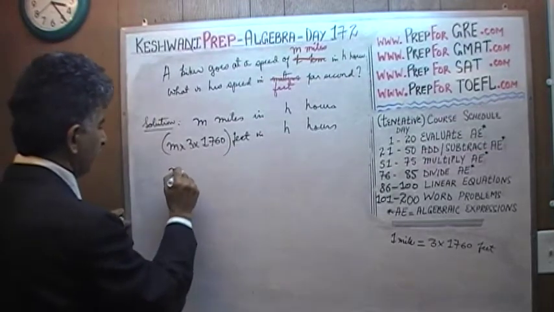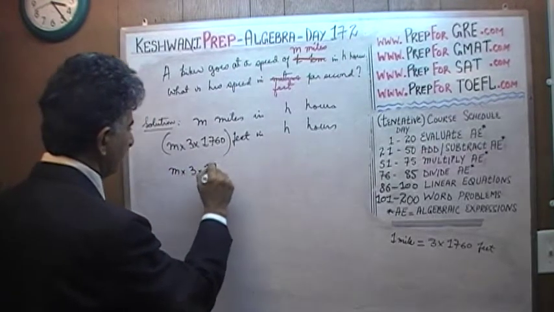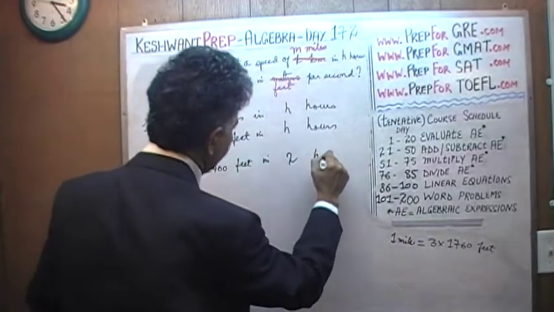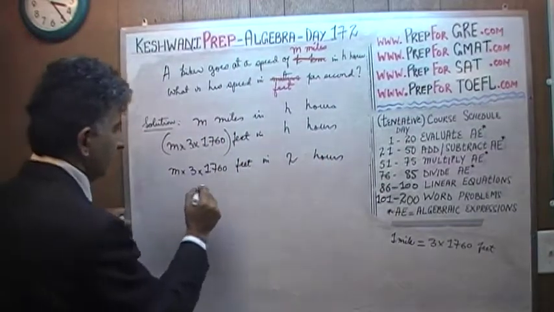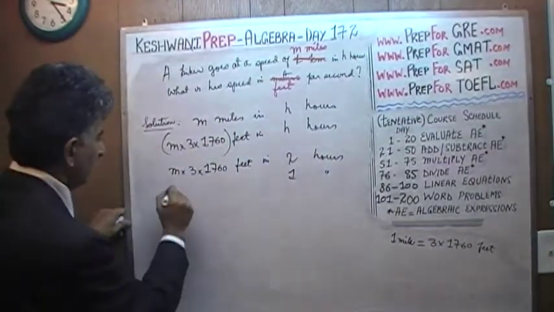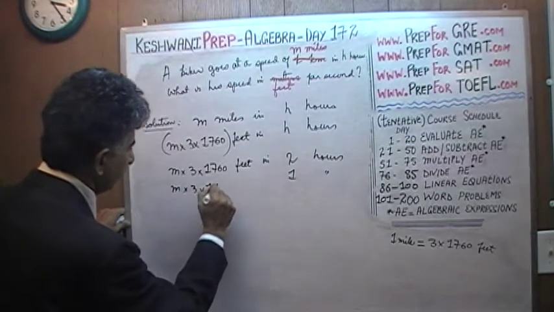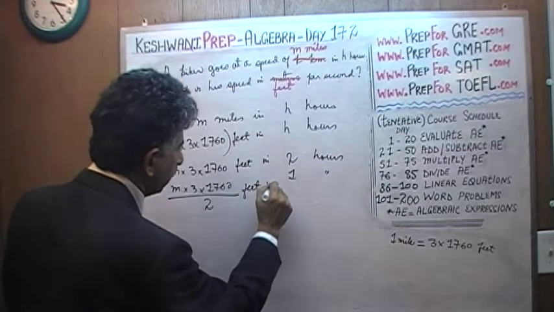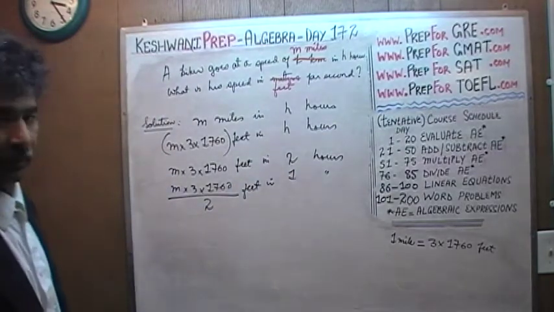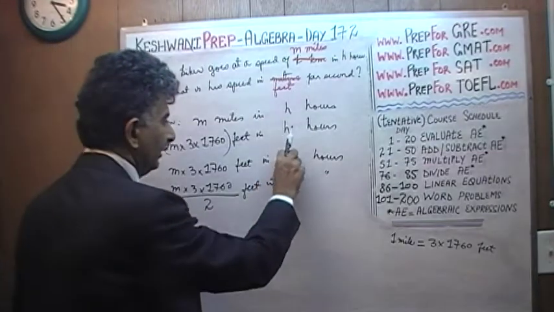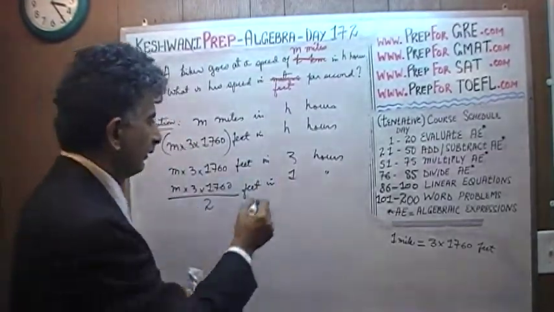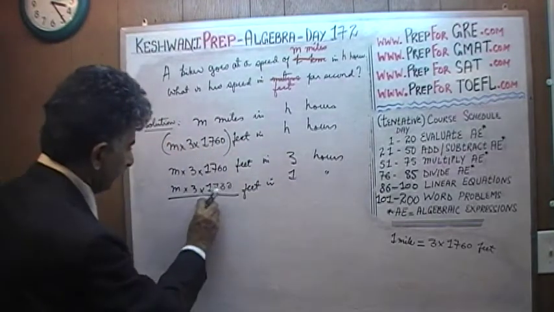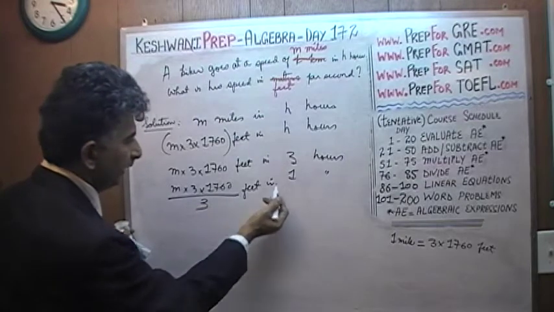If we travel m times 3 times 1760 feet in 2 hours, then in 1 hour we will travel m times 3 times 1760 over 2 feet. If we were told that we travel this many feet in 3 hours, then we divide this amount by 3 to get the feet in 1 hour.